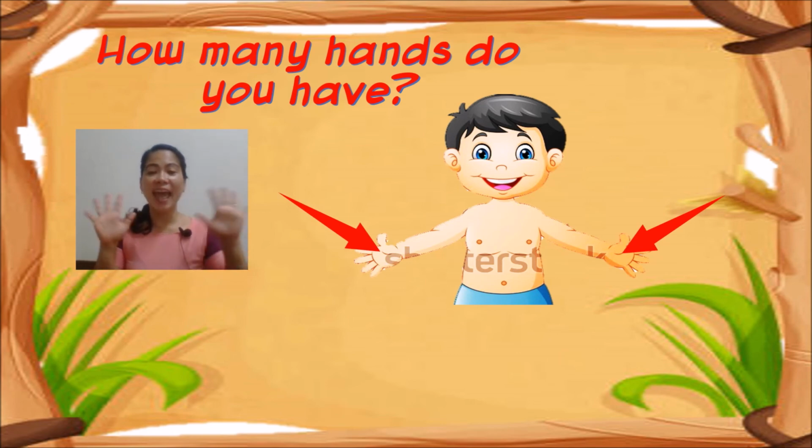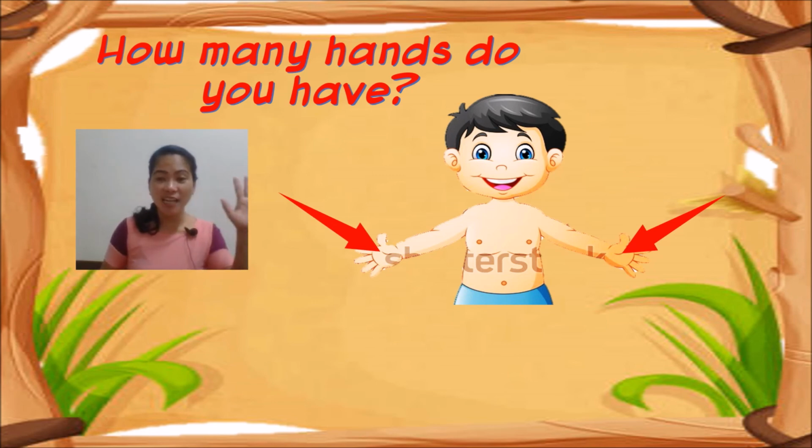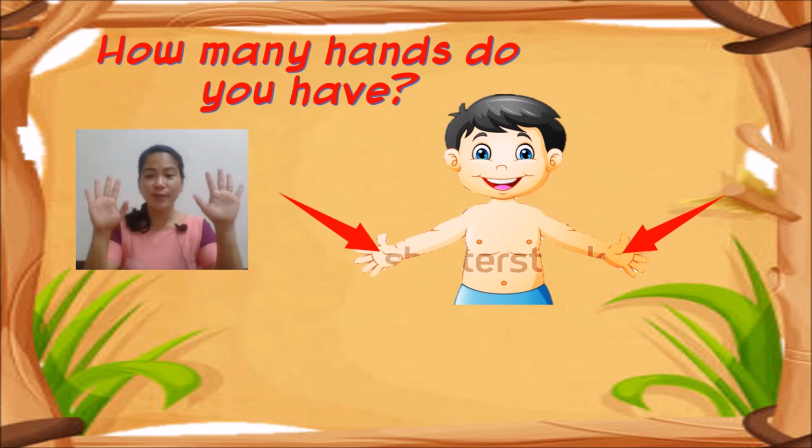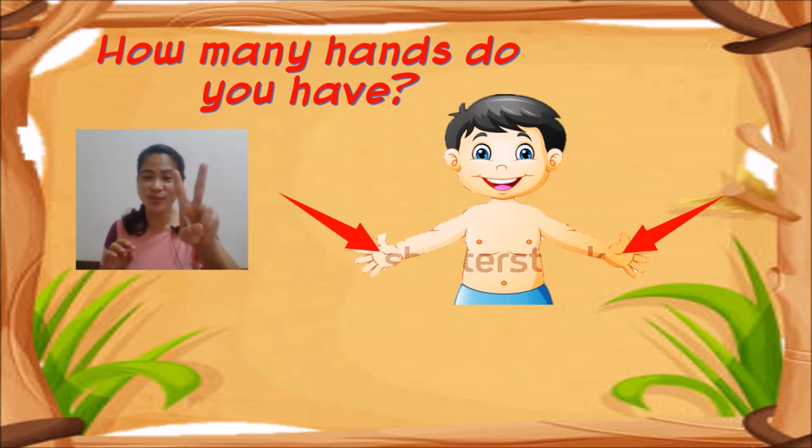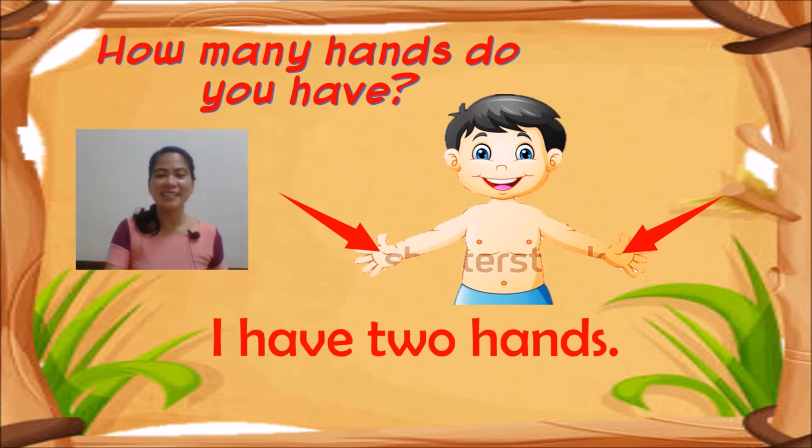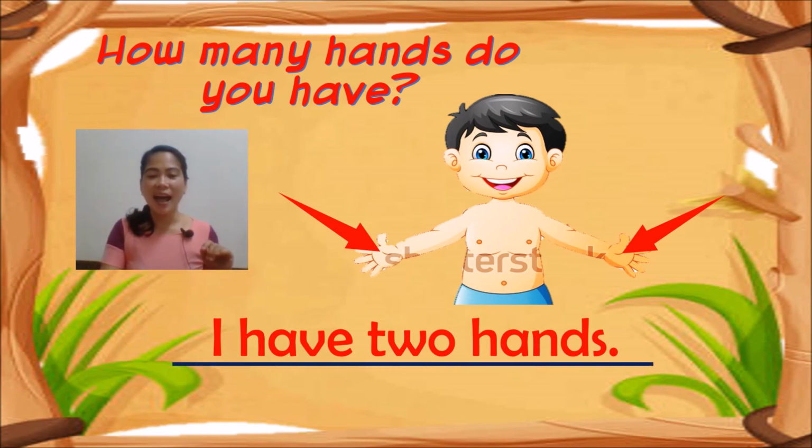How many hands do you have? Let's count it. 1, 2. Yes, we have 2 hands. Let's say this sentence. I have 2 hands. One more time. I have 2 hands.